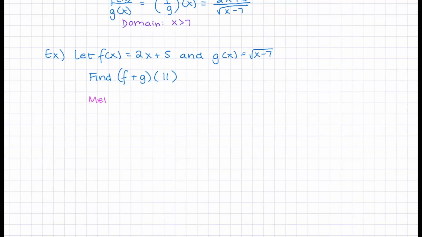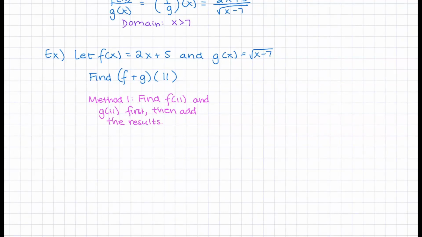So method 1 would be to find f of 11 and g of 11 first, and then add the results.